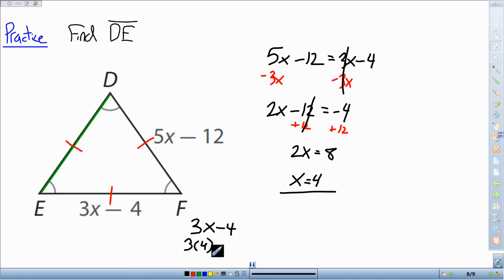So 3 times 4 minus 4. 3 times 4 is 12. 12 minus 4 is 8. So I know that this side is 8, and that means that this side is 8. And by the way, that also means this side is 8. But there's my answer here. Segment DE equals 8.